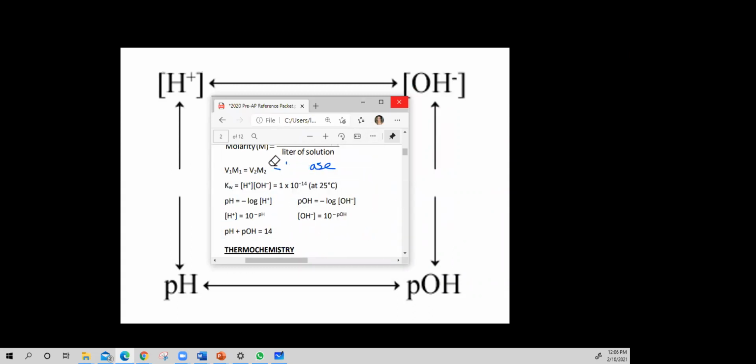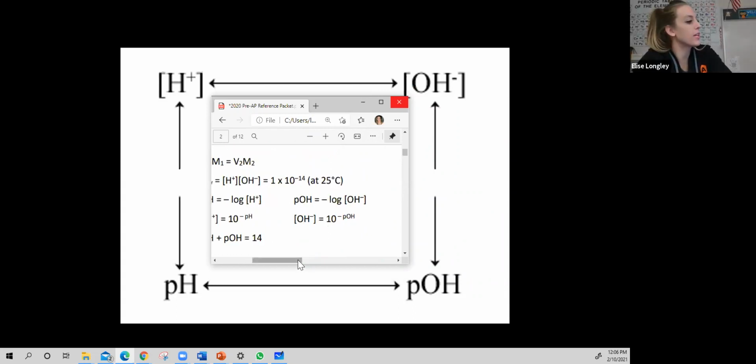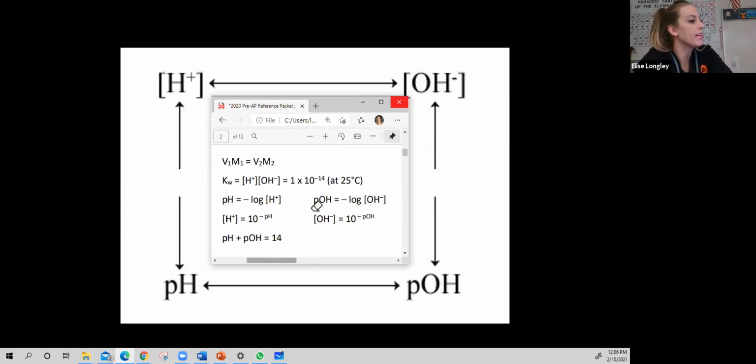Is it to go from one to the other? Yes. So what I'm trying to tell you is if you know one thing, you can know anything else. Okay. So if I'm given hydroxide ions, there's a formula to get me to hydrogen ions. If I get to hydrogen ions, I can get to pH. If I get to pH, I can get to POH or H+.